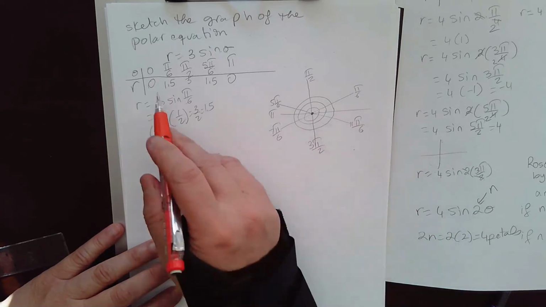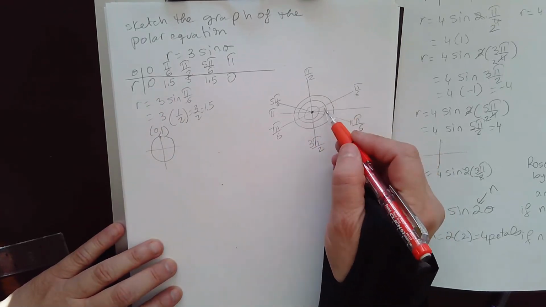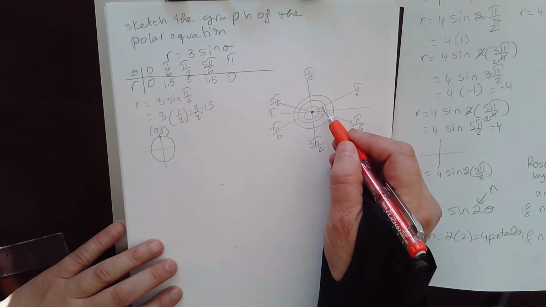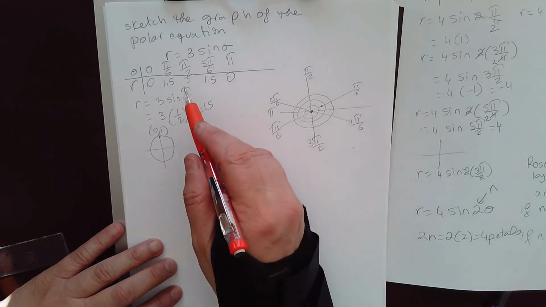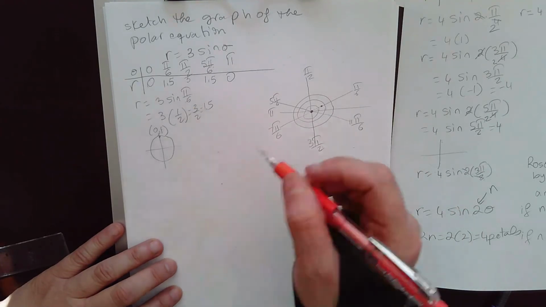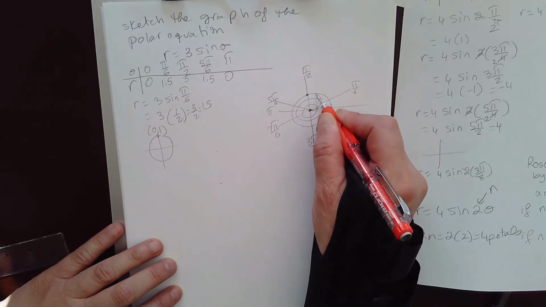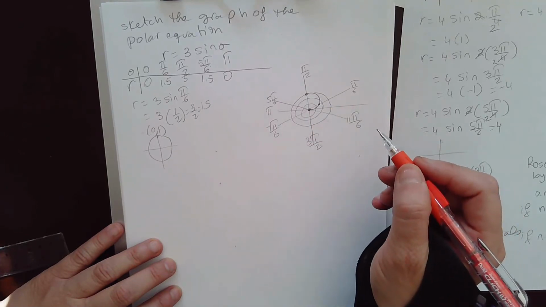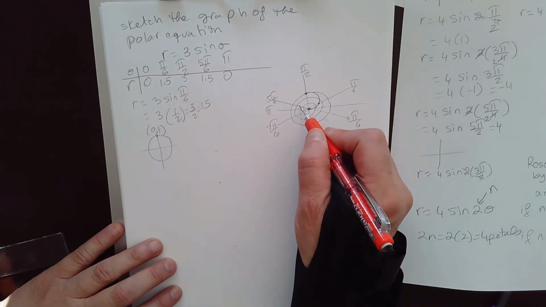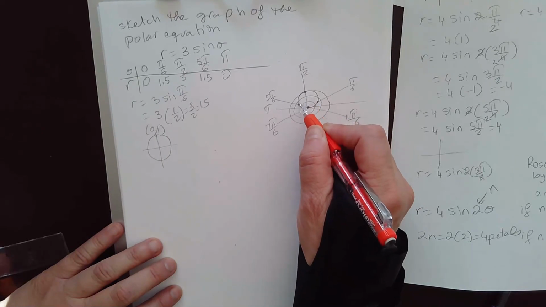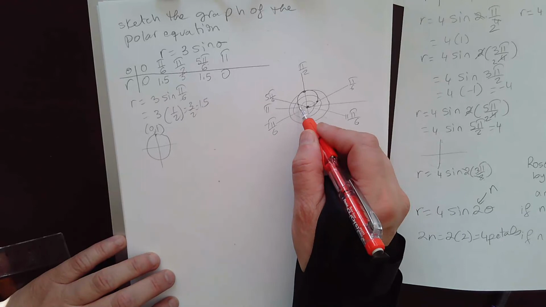When theta is pi over 6, r is 1.5. When theta is pi over 2, r is 3, so it's going in this direction and this direction. 5 pi over 6 is 1.5. And then at pi, r is 0. There it is.